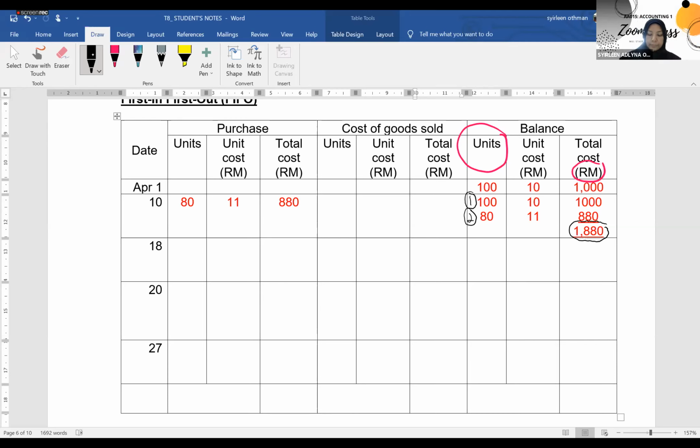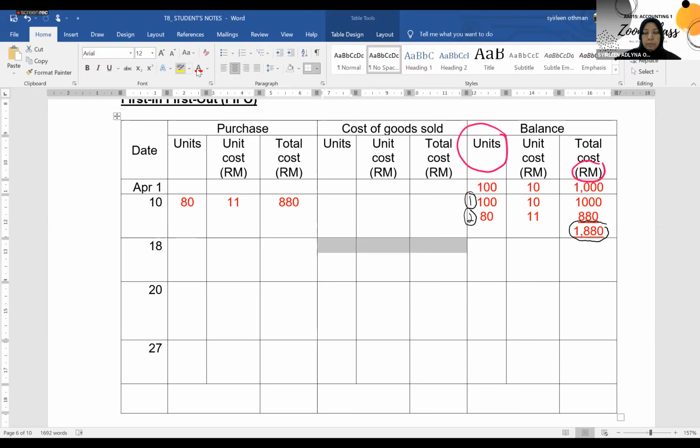Okay ya. Alright, sekarang 18 hari bulan kita jual. Okay, so you jual 90 unit.